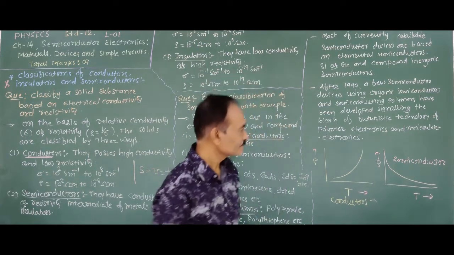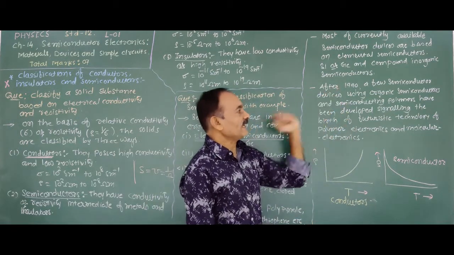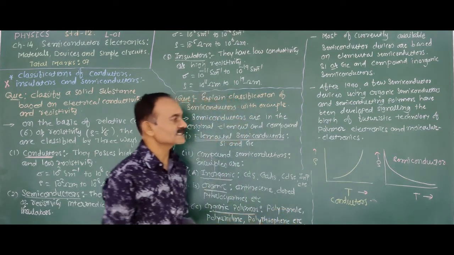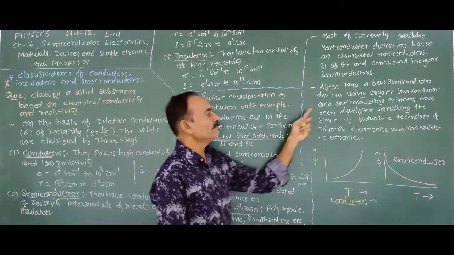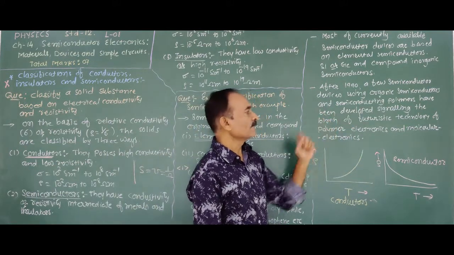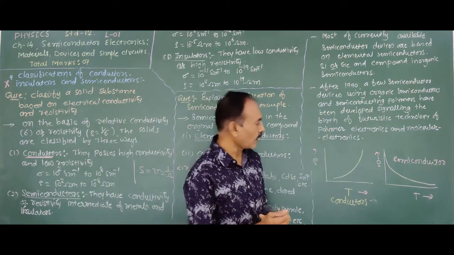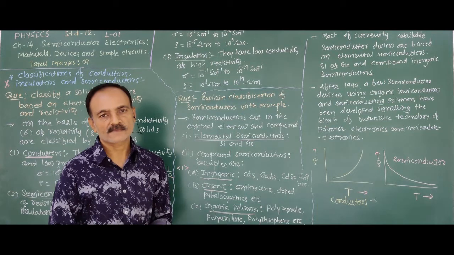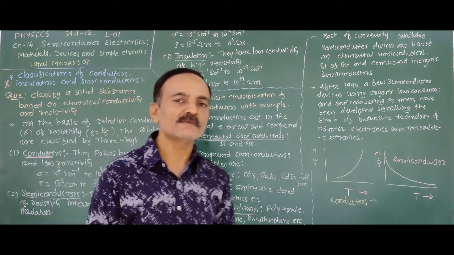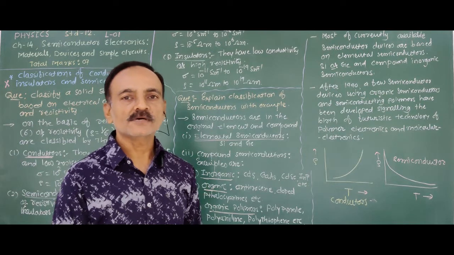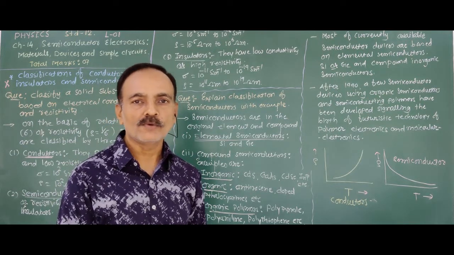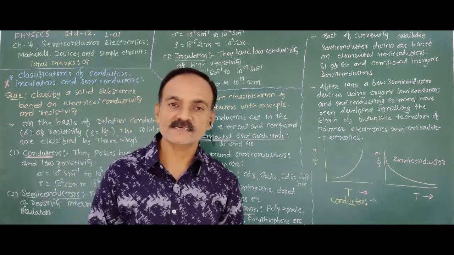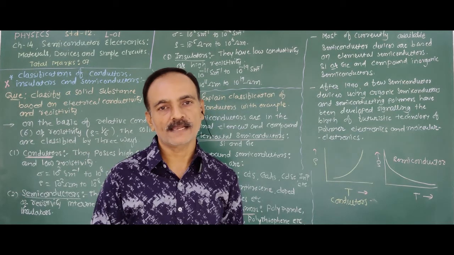After 1990, a few semiconducting devices using organic semiconductors and semiconducting polymers have been developed, signaling the birth of the futuristic technology of polymer electronics and molecular electronics. So that is the basic introduction about semiconductors and the classification of solids into conductor, insulator and semiconductor. After that, we start our discussion about the energy level.